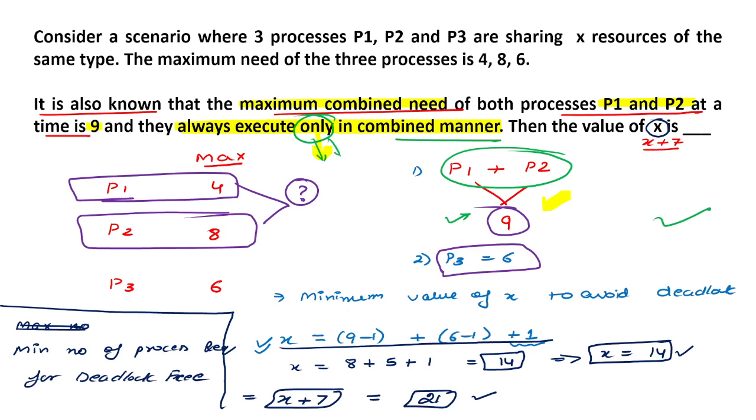If only is not written and the statement does not hold, then you have to use these two separate values. So just as here we did 6 minus 1 and 9 minus 1, we would then have to do 4 minus 1 plus 8 minus 1 plus 6 minus 1. Then we don't have to write plus 1. We have written plus 1 here just because P1 and P2 work in a combined manner as one unit. That's why we have to write plus 1 here.